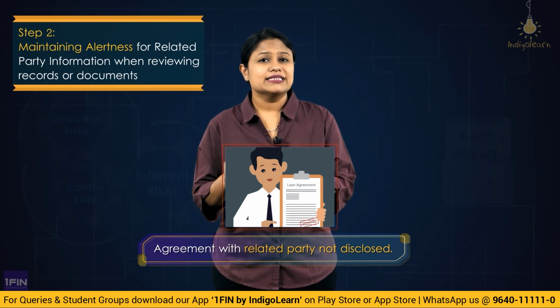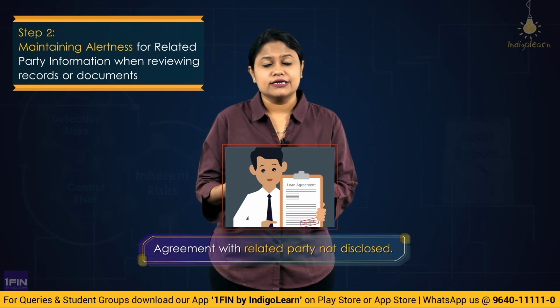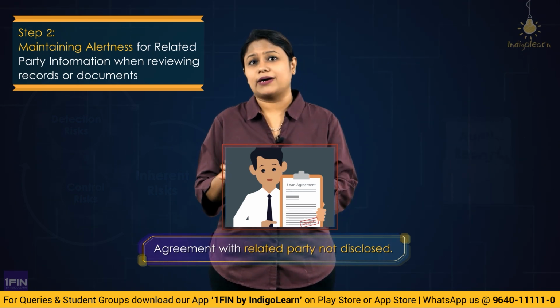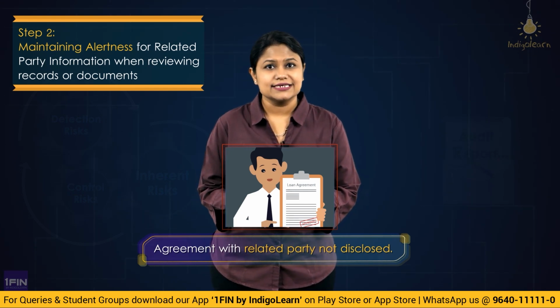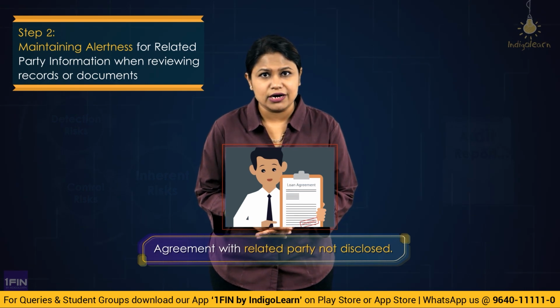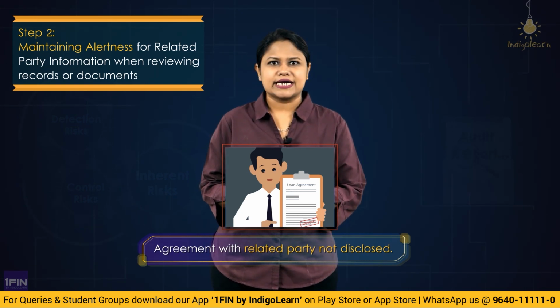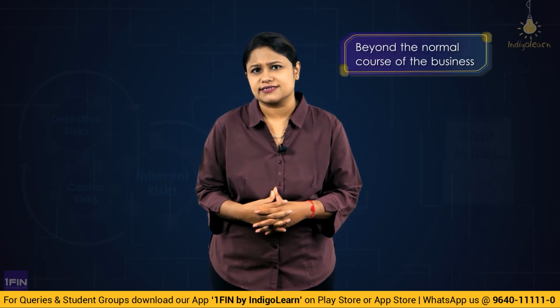Where, through your observation or inspection, you come across any related party which was not disclosed to you earlier, in that case you have to be alert and understand what the related party is all about and what the transaction is. Correct? Then, suppose during the course of the audit you come across an activity which is beyond the normal course of business.